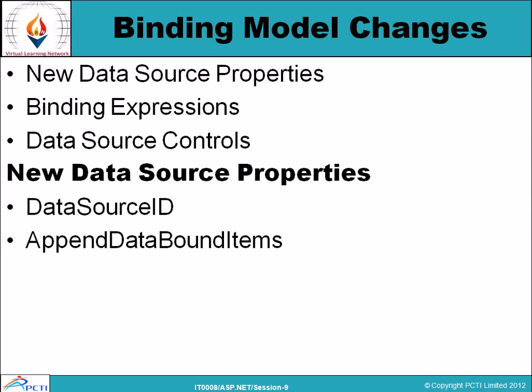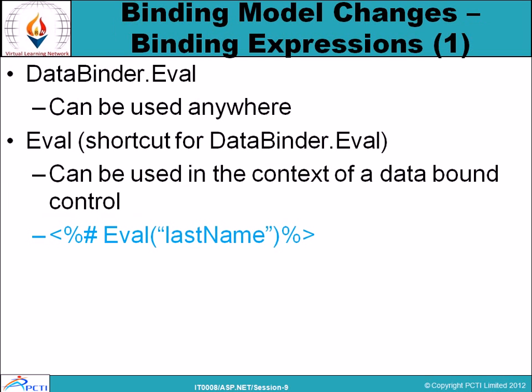New data source properties are DataSourceID, AppendDataBoundItems, right? So these are the things that are part of the binding model. Binding expression one includes the DataBinder.Eval. It can be used anywhere.